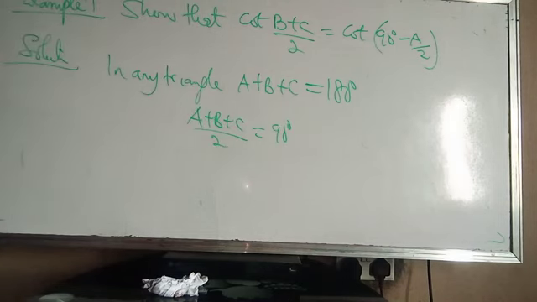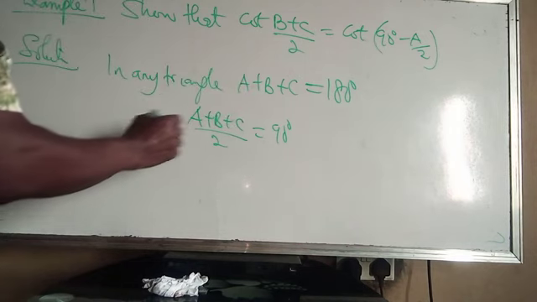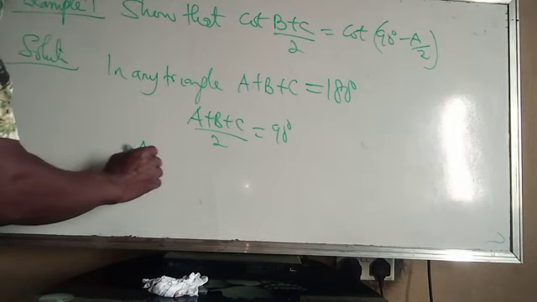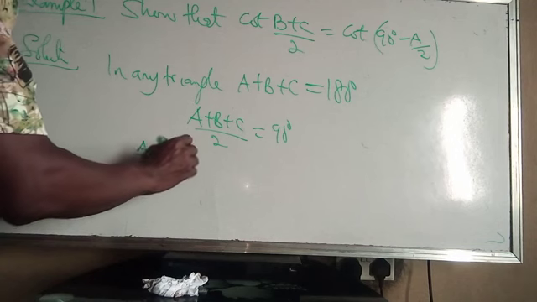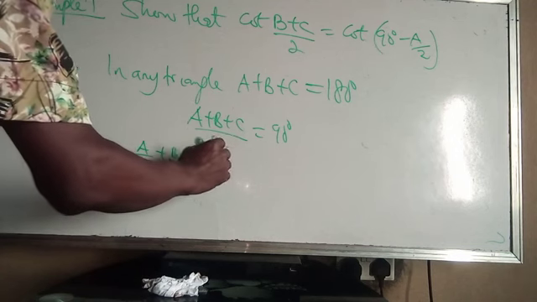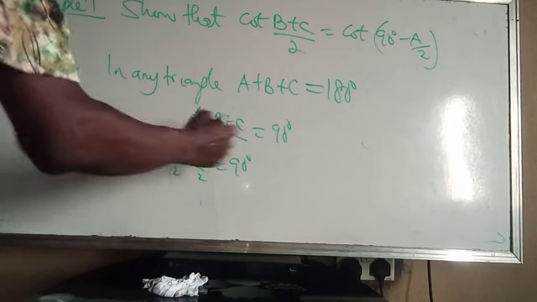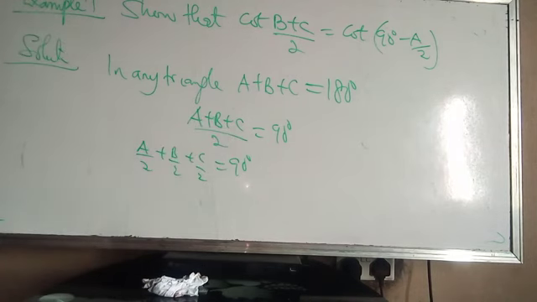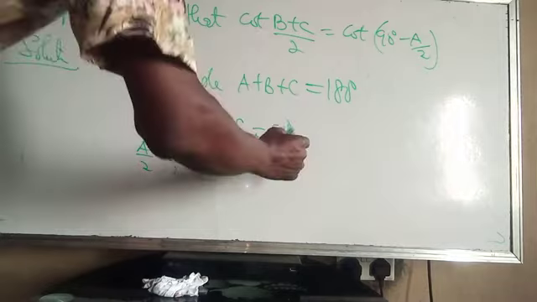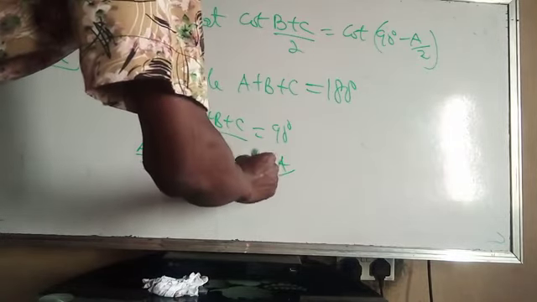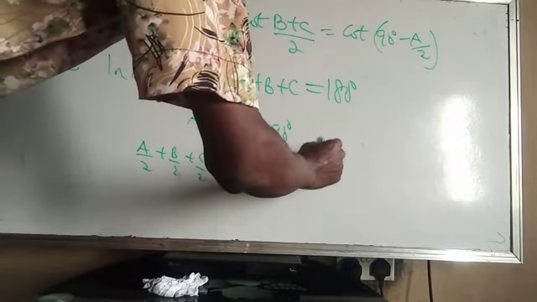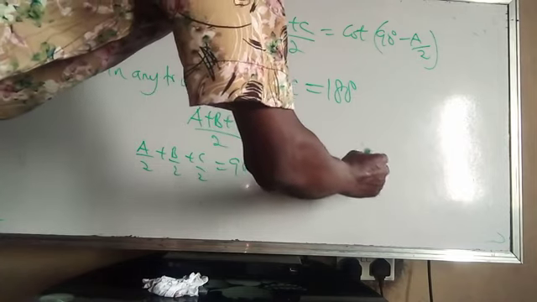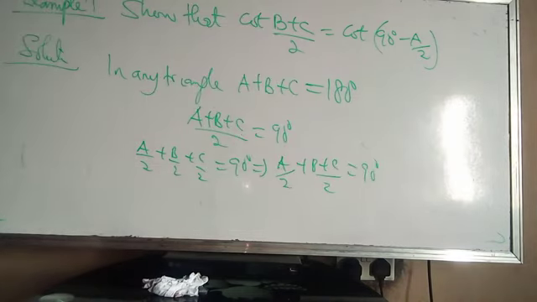Don't forget, this is like saying A all over 2 plus B all over 2 plus C all over 2 is equal to 90 degrees. If you split it, it's the same thing as saying A all over 2 plus B plus C all over 2 is 90 degrees. I hope you understand. It's the same thing.